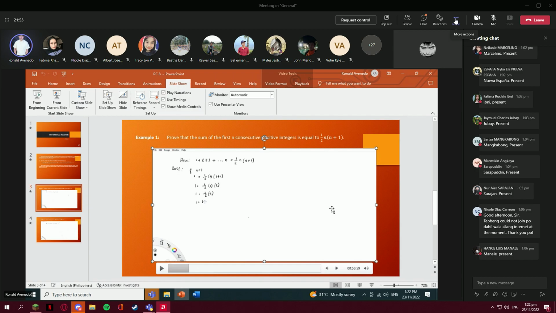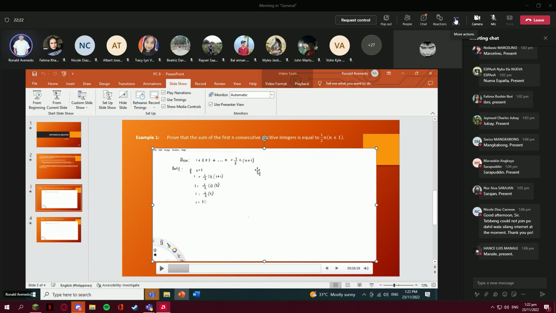So that is 1/2 of 1 times 1 plus 1. Then that is 1/2, 1, then 1 plus 1 is 2, then 1 is equal to 1/2 times 2, then 1 is equal to 1. Okay, next. Since the left and the right side of the equation are both equal to 1, therefore that is true.